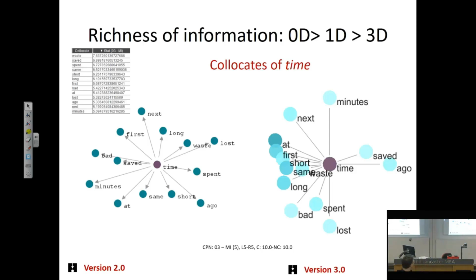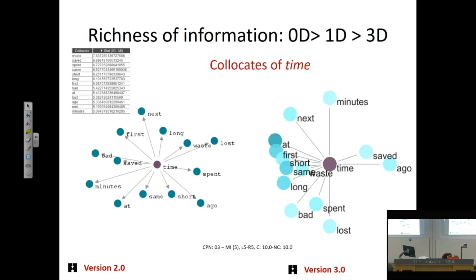We also have the intensity of the color, and here we have just one color for all the collocates. Here we have the intensity of the color for the frequency, so we can display both. We can display frequent collocates, but also collocates that are uniquely and exclusively associated with the node. So I added another dimension here just by using the intensity of the color.